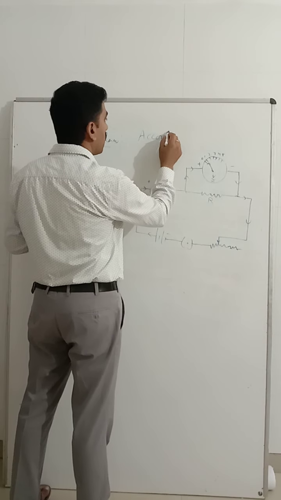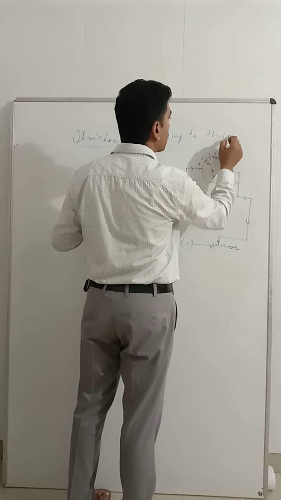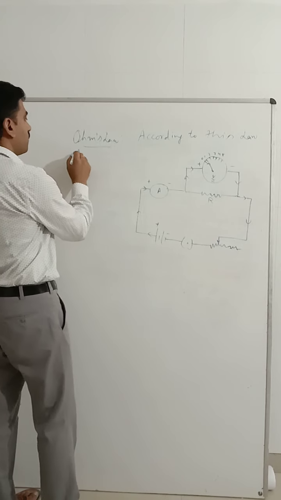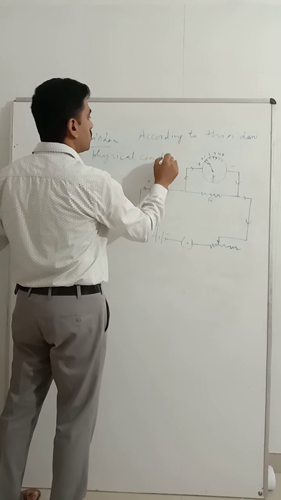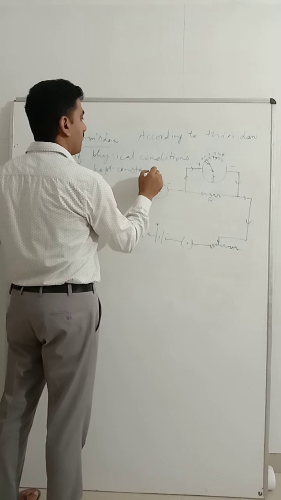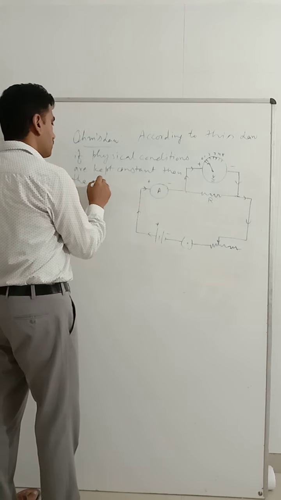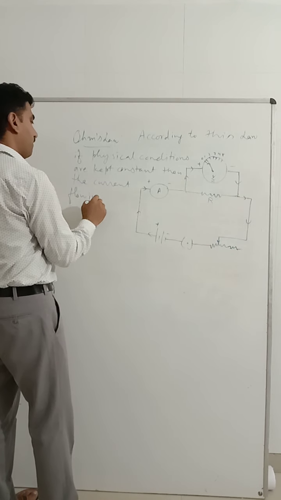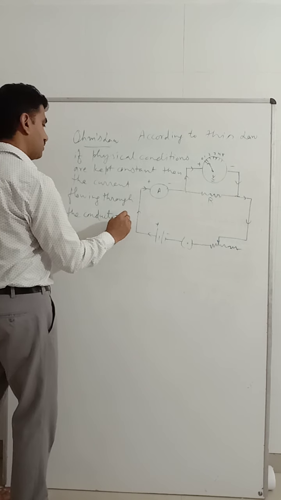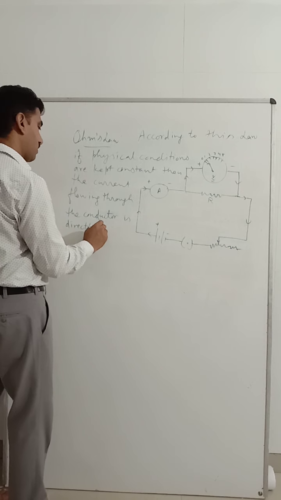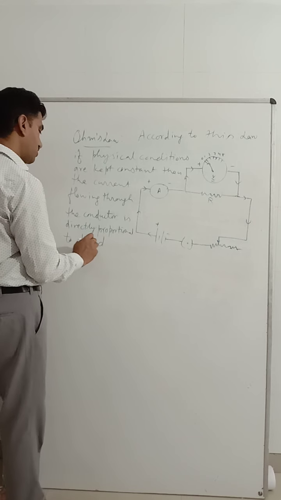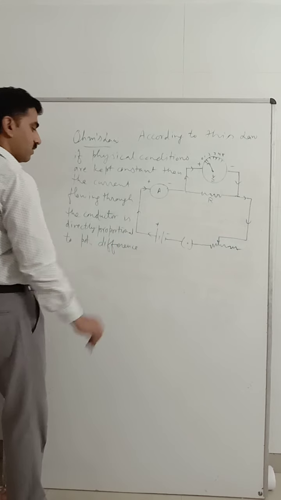According to this law, if physical conditions are kept constant, then the current flowing through the conductor is directly proportional to the potential difference.